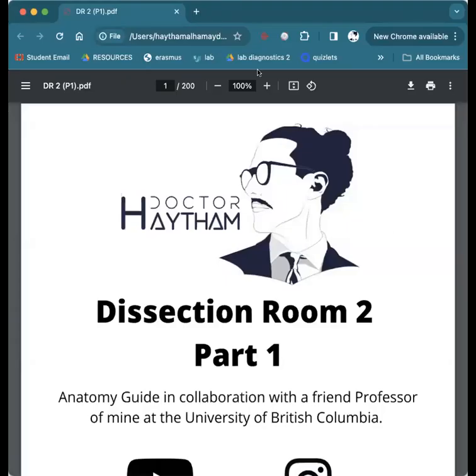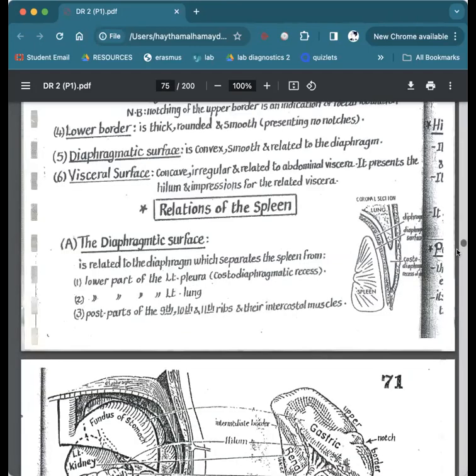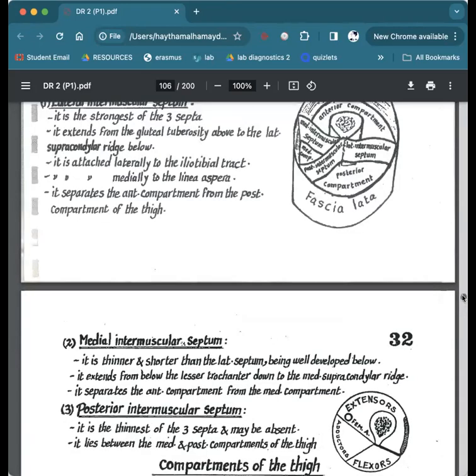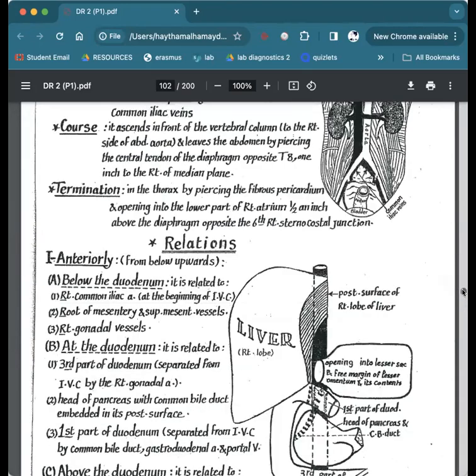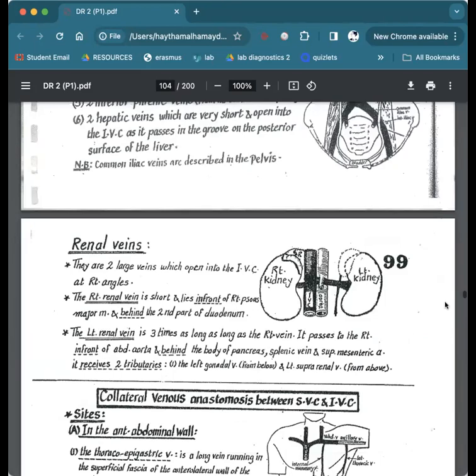And then we will go down to the second index on page 112. Give me a second. So we have to go to page 112.